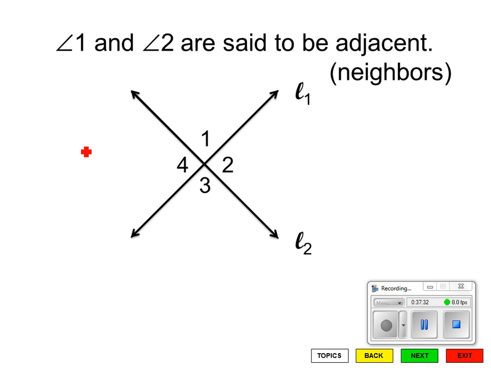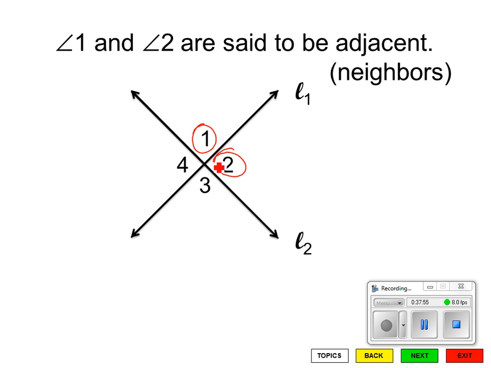All right, don't write this down either. We're going to write down something on the next screen that's going to explain this a little better. Angle 1 and angle 2 are called adjacent angles. They're adjacent. Again, words in here mean the same thing they mean anywhere in the world. Whose room in this school is adjacent to my room? Mr. Alexander's.